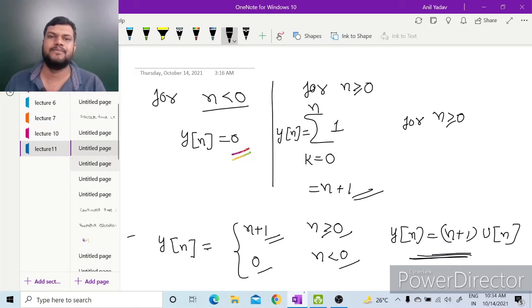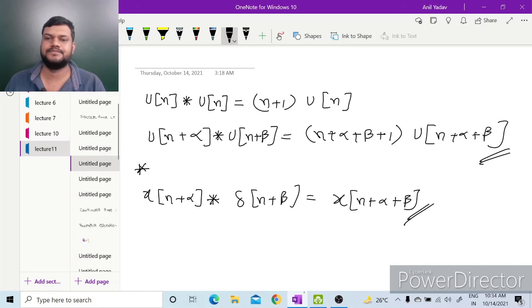u[n] is the unit step signal. So we have seen in this example that u[n] convolved with u[n] is (n plus 1) u[n]. By the linear time invariant property of the system, and time invariancy of the impulse response and of convolution, we can derive various results.